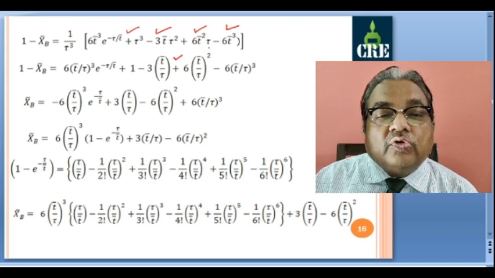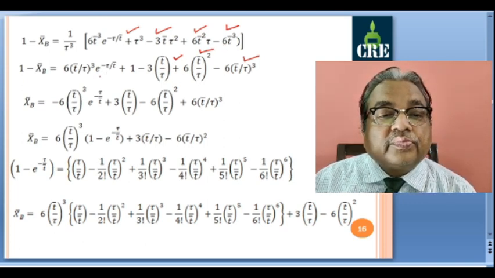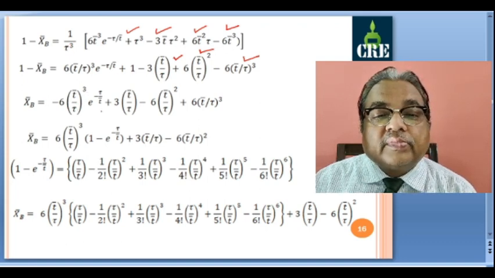Here tau by tau cube, so I get this 6 into t bar by tau square. And the last one is t bar cube by tau cube, so t bar by tau whole cube, and this 6 is the constant associated with it. So we have divided all the terms in the bracket by this term.